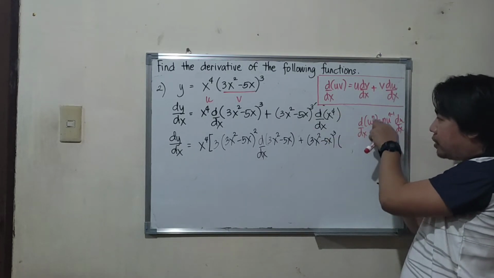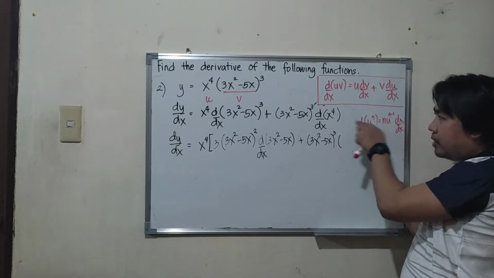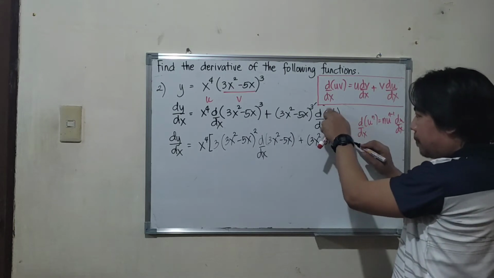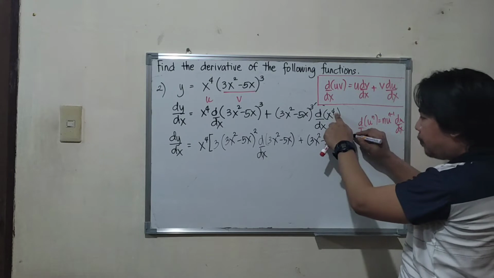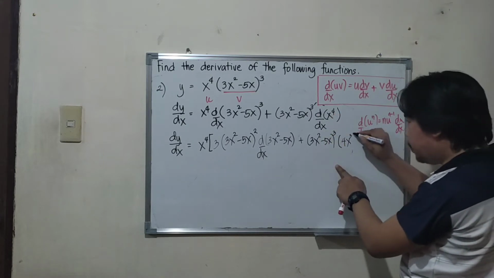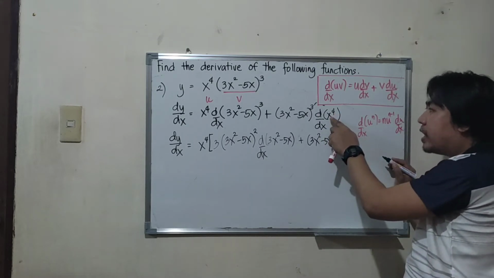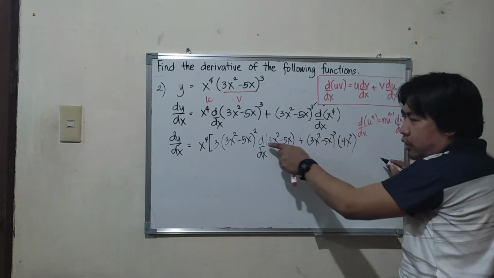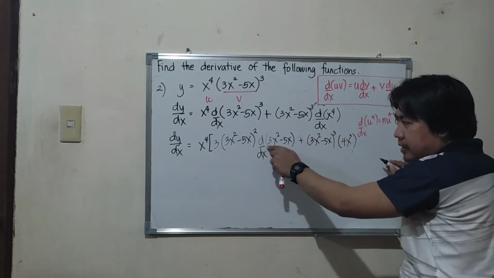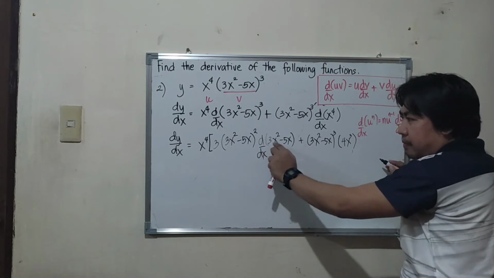So x to the fourth, so same formula. So we have x to the fourth, so we have this multiply 4 to x, so we have 4x. Then subtract 1, 4x cubed. 4x cubed times derivative of x with respect to x, that is 1, so no need to write that. Okay, so all we have to do now is get the derivative of this term.